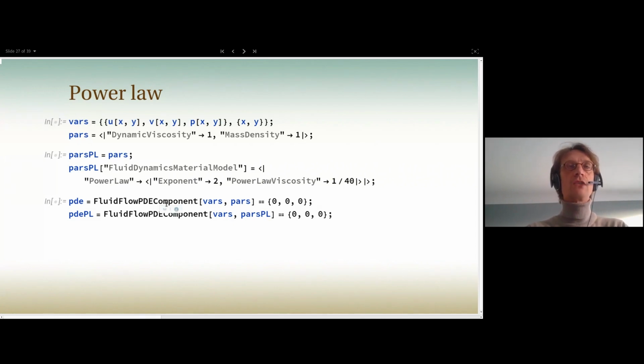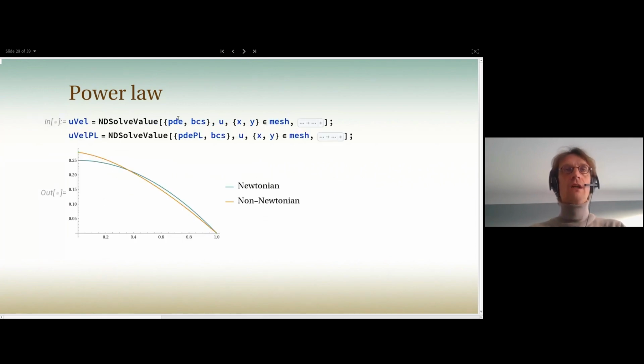Then we create two fluid flow PDEs to solve, we plug them into NDSolve, and this is now the solution. Here we have the flow profile at a certain position in the Newtonian case, and this is the same flow boundaries, now with a non-Newtonian flow. You see the difference between these two types of flows. So that's something we can also do.